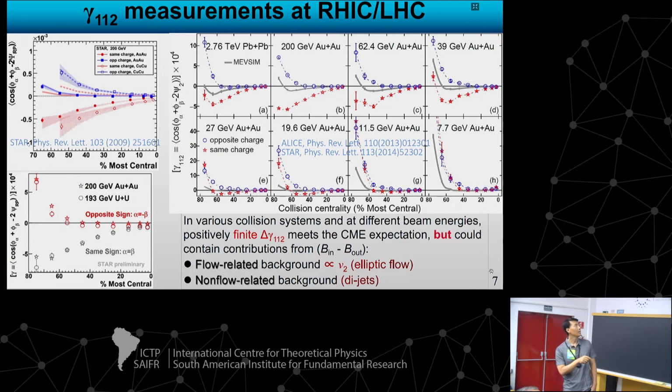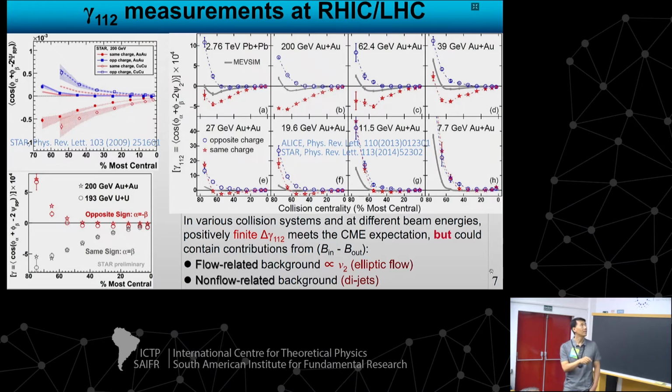For centrality, 0 means very central collision, and 70% or 80% means very peripheral collision. Blue is opposite sign, and red is same sign. We do see this charge separation for both gold-gold collisions and copper-copper collisions. And later, we also see this charge separation effect in uranium-uranium.